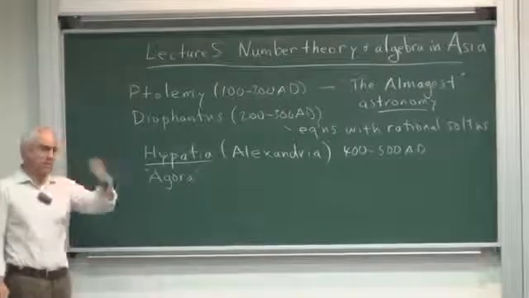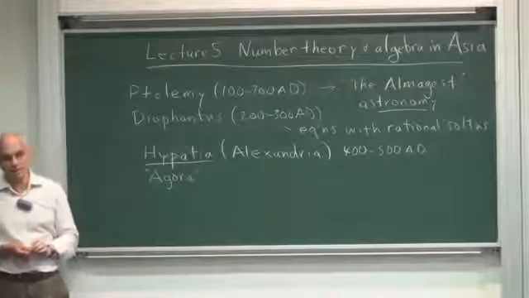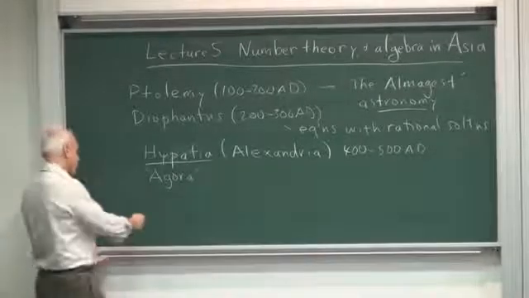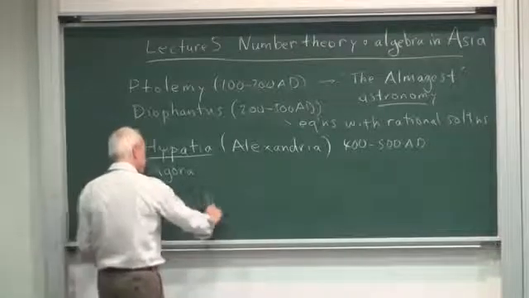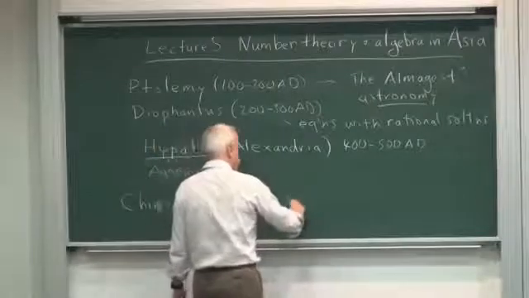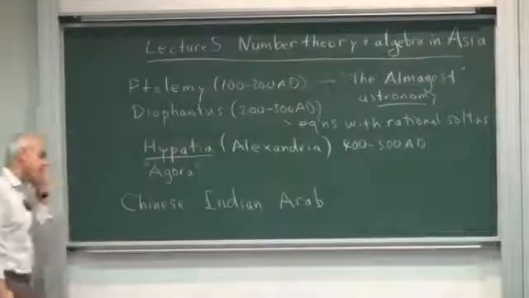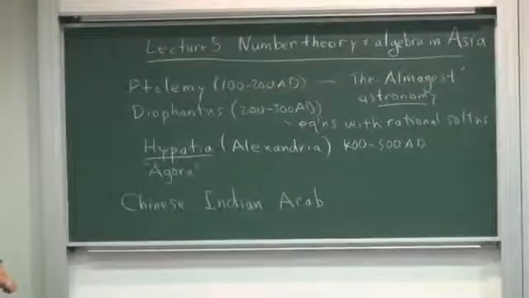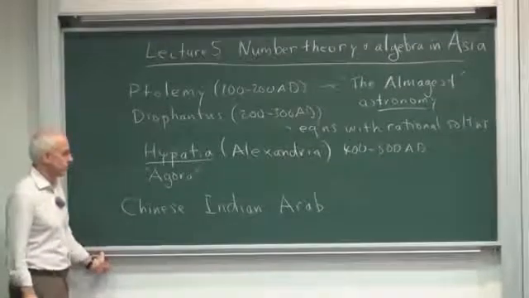So there was a kind of 1,000-year gap where the Europeans were almost entirely out of the picture. And the story goes eastward, and today we're going to talk about the Chinese contributions, the Indian contributions, and the Arab contributions. Okay? All important civilizations, cultures that had thriving mathematics as part of what they were doing.